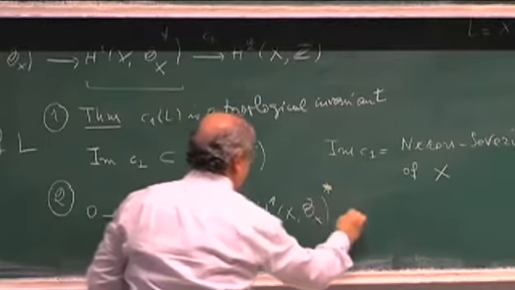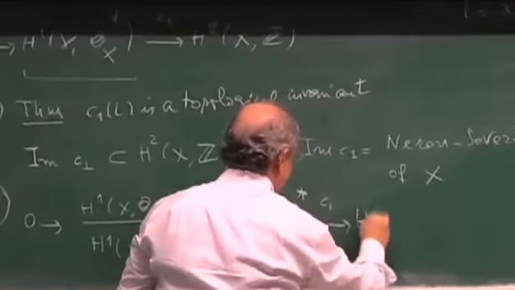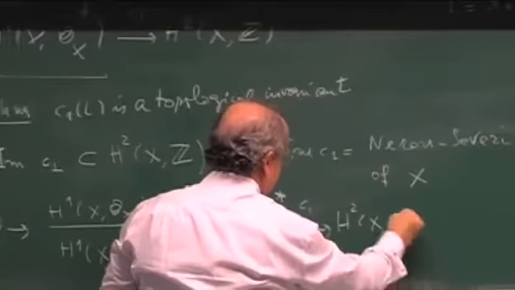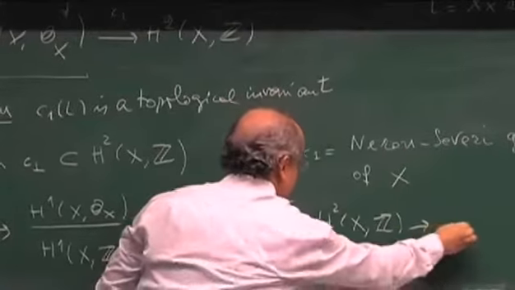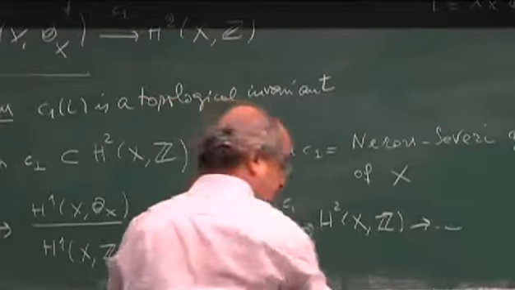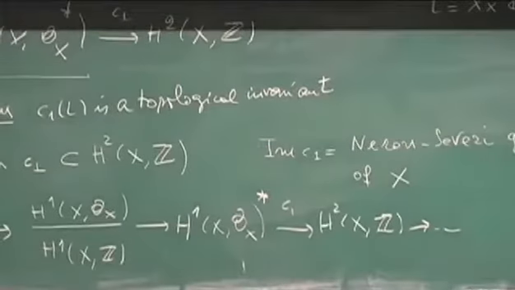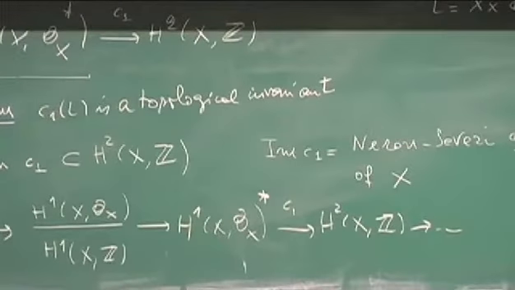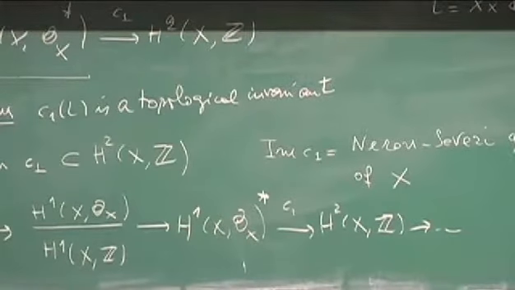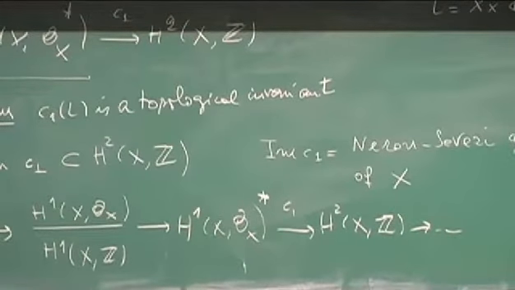Now, this goes via C1 to H2. Now I will change names to these objects. And in particular, I will write not H2 of Z, but rather the image.